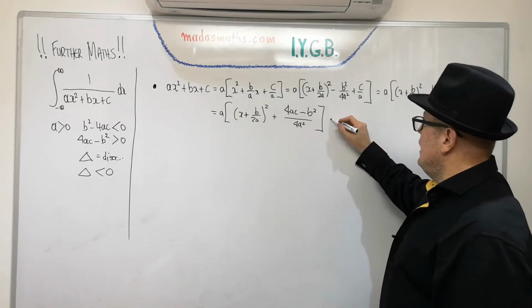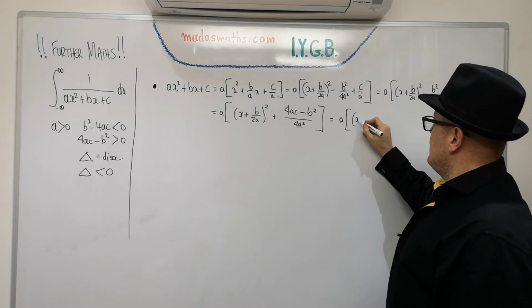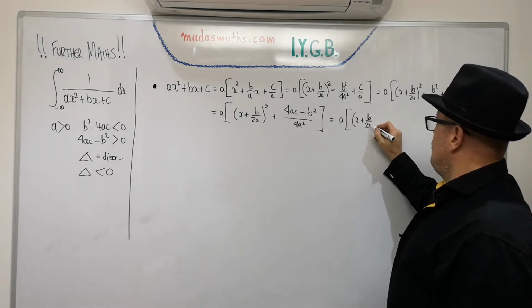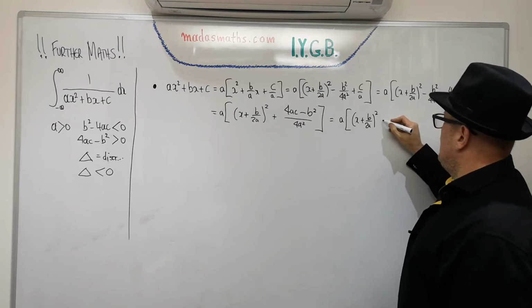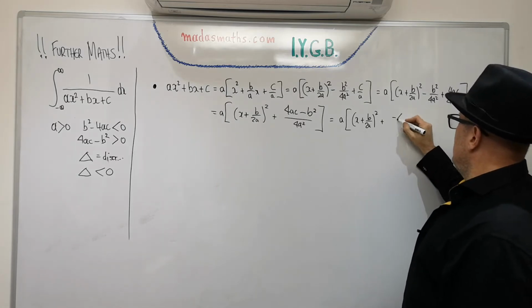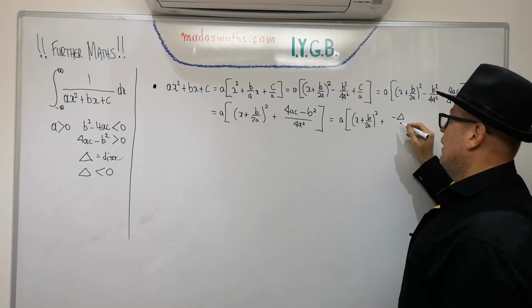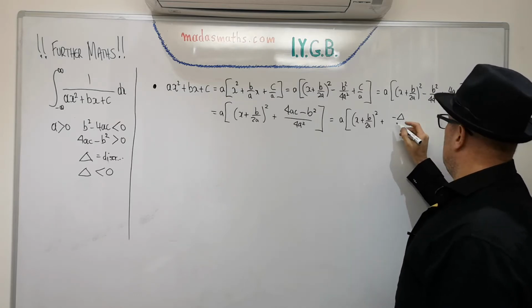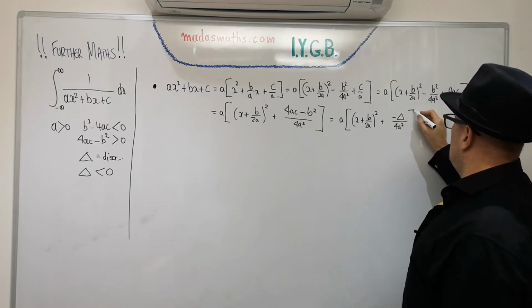So I can actually say this is definitely equal to a bracket x plus b over 2a all squared, and I can write now plus the negative of my discriminant over 4a squared.